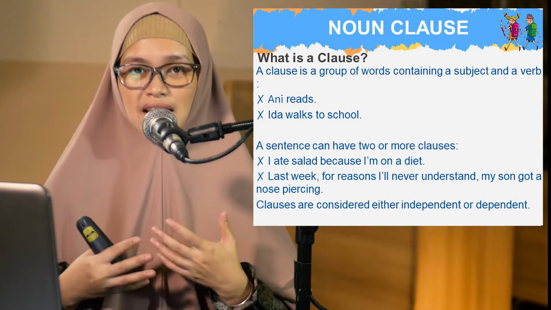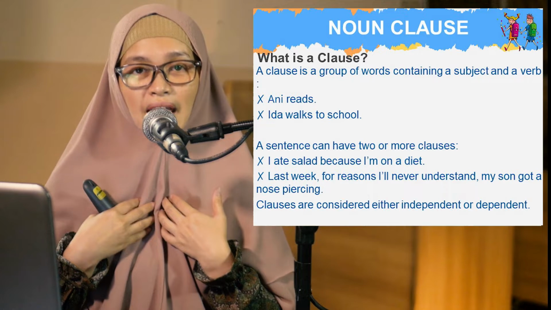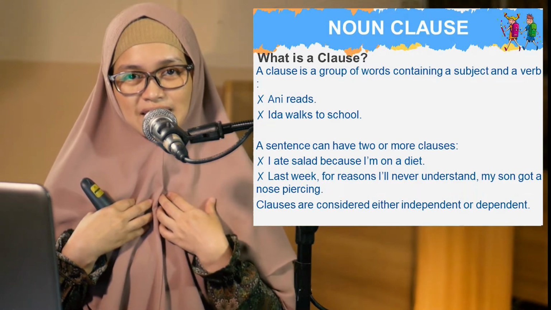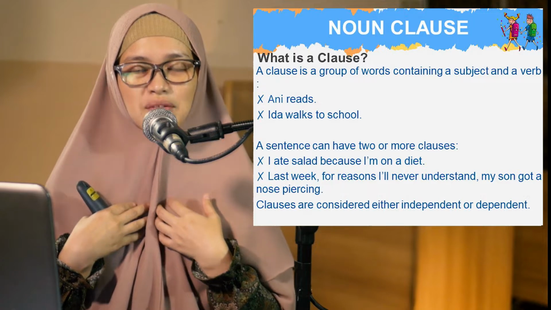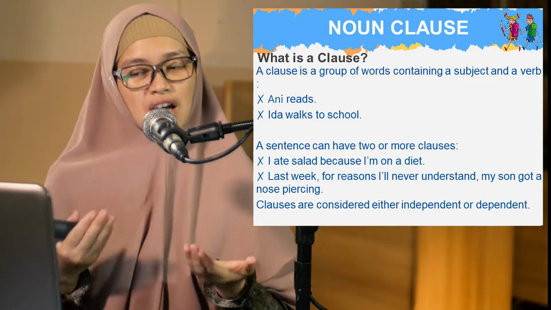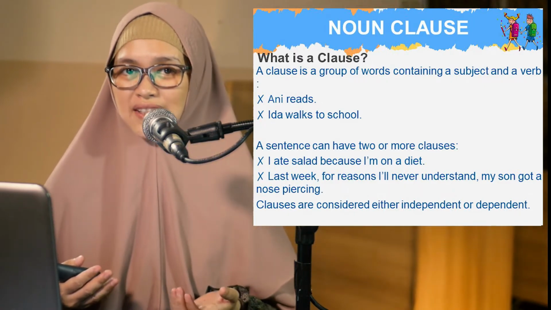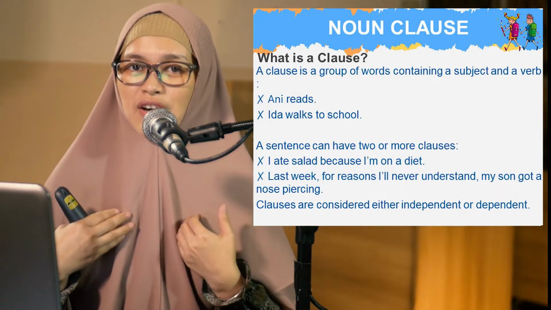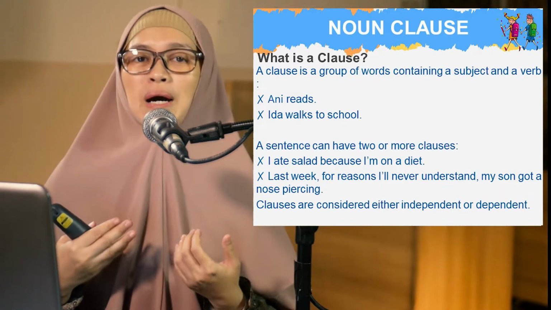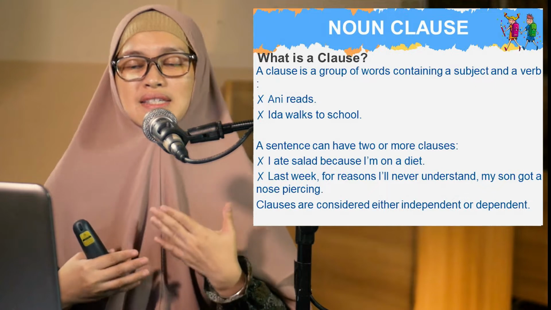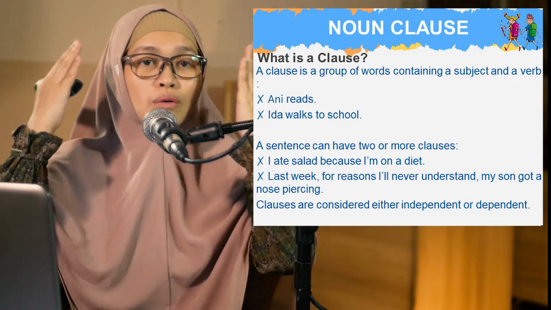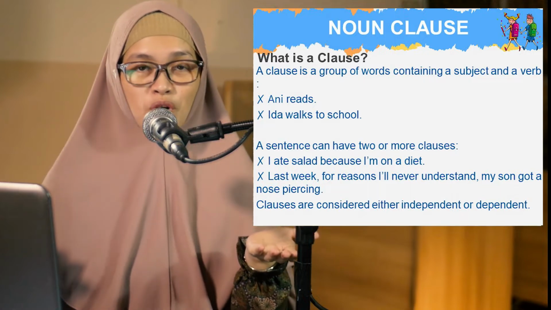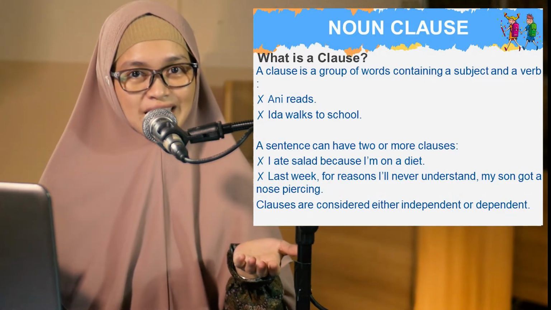You understand when I say I ate salad. Why did I eat salad? I ate salad because I am on a diet. When I say I ate salad, you already understand that. But when I say because I am on a diet, you will question: what is it? Because I'm on a diet. Why are you on a diet?